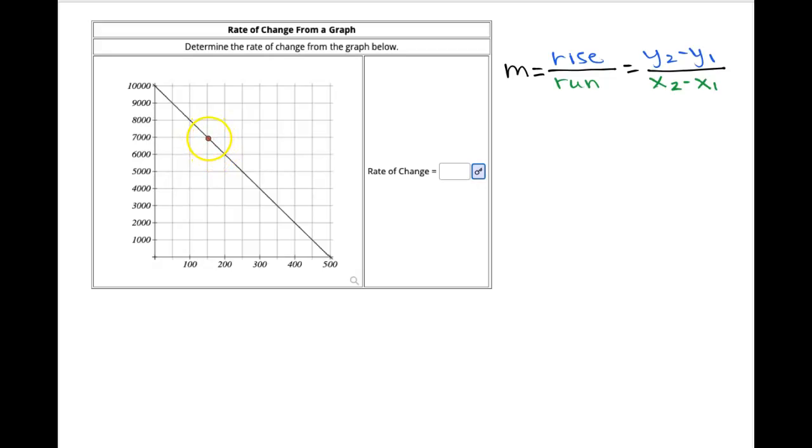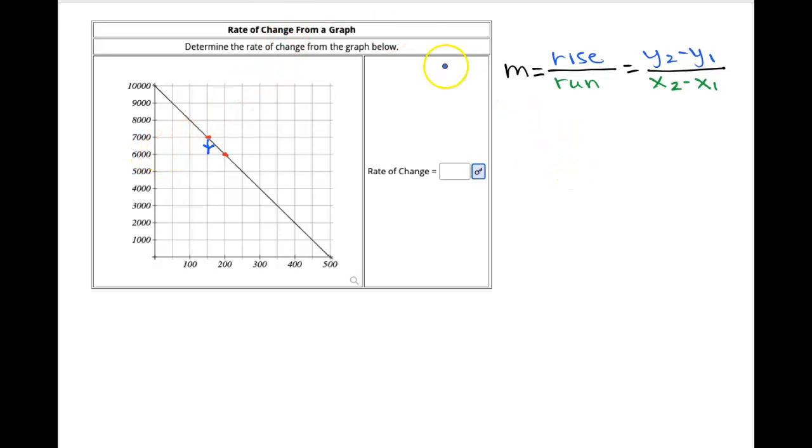So if I went from here, the 7,000, right, and I was trying to find the rise over run from one point to the other. Well, my rise here is I'm going down, right, 1,000, because I'm going from 7,000 to 6,000.